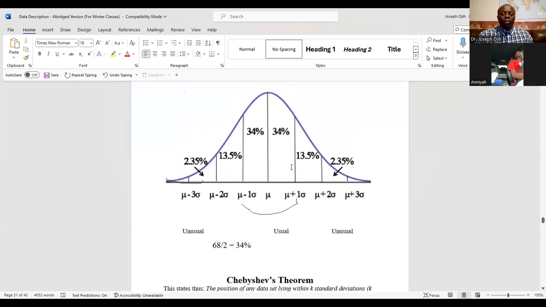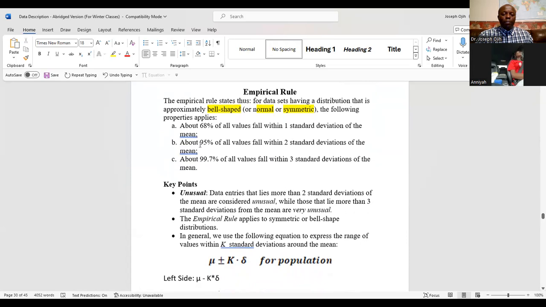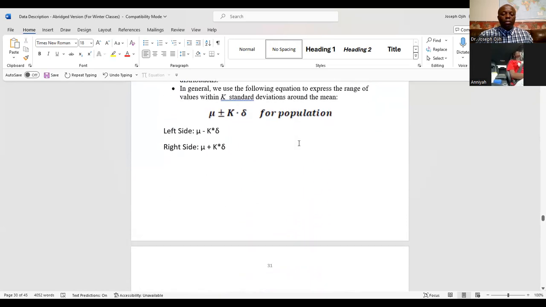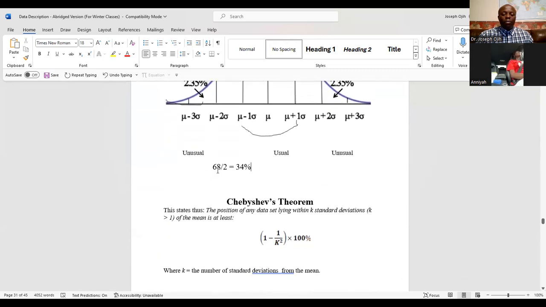Now, for the other one, it says about 95% fall within two standard deviations of the mean. So we have 68% already, right? If you have 95%, you do 95 minus 68 that we already have, and then divide by 2.